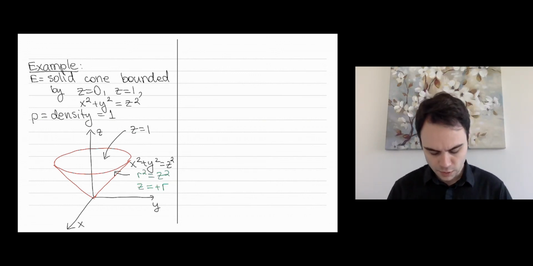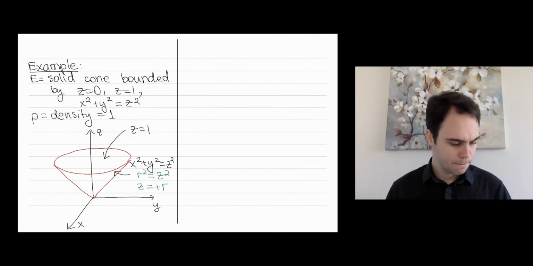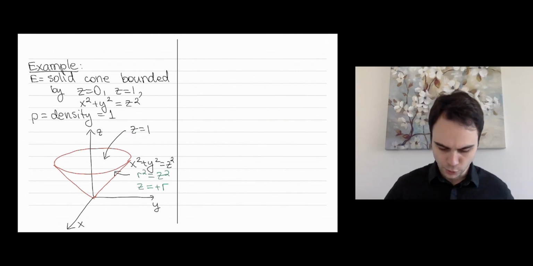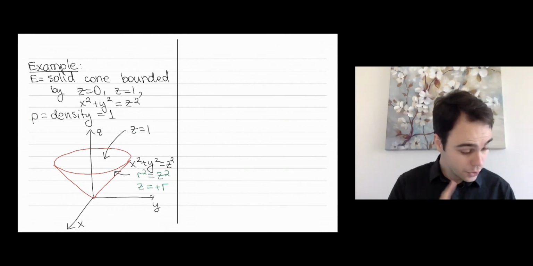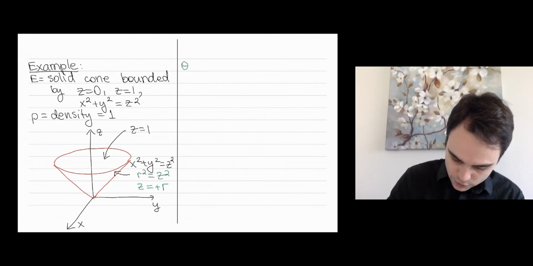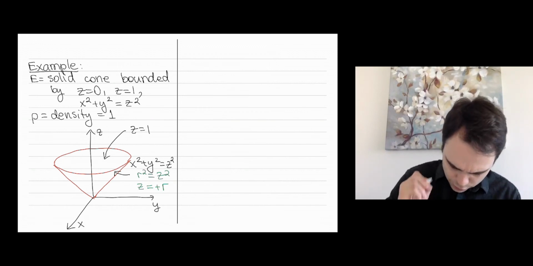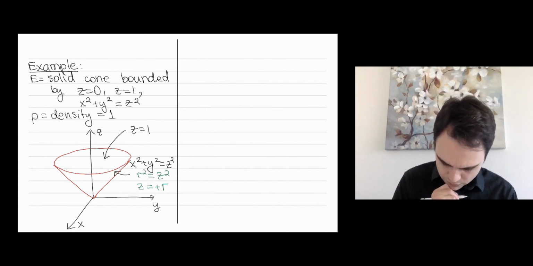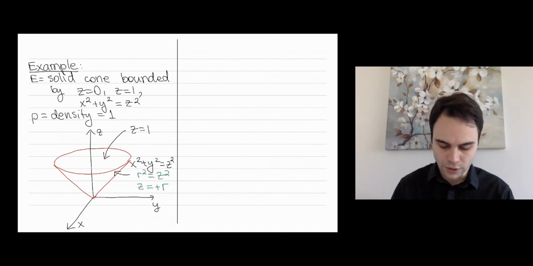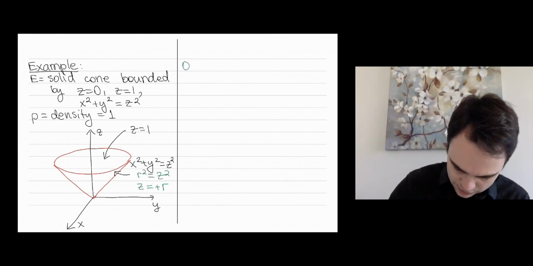The same conventions are enforced when we work with cylindrical coordinates. So here's an important observation: the theta slice. To understand shapes in cylindrical coordinates, it's very useful to think in terms of theta slices.